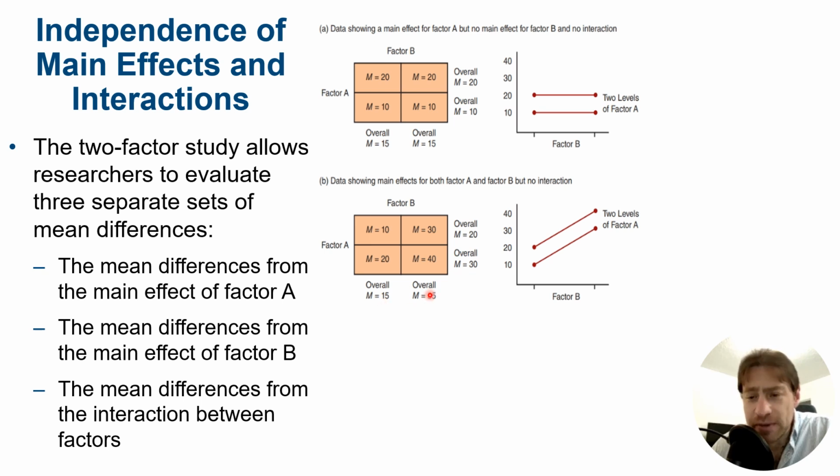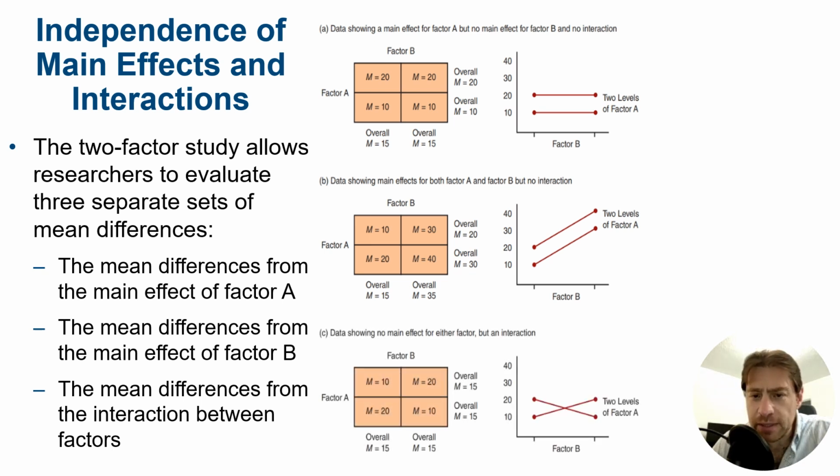Assuming this difference is significant, that would be a main effect of factor B. So you have a main effect of both factors. But looking at the line plot, these lines do not intersect. They are parallel, which indicates the absence of an interaction, meaning these two factors are independent of one another.